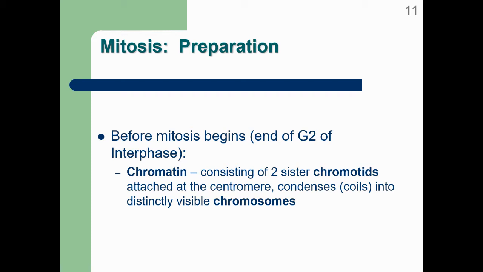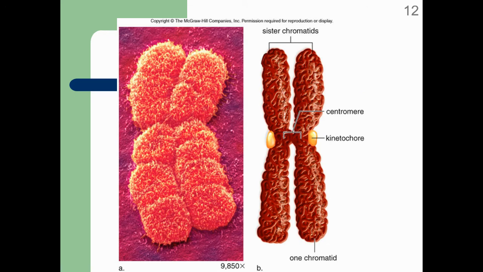So before mitosis begins, at the very end of G2, the chromatin, which is those two sister chromatids attached at the centromere, starts to coil into distinctly visible chromosomes. It's going to take place right up until I enter the first stage of mitosis, so it won't be completed until I'm in prophase, but it's going to condense.